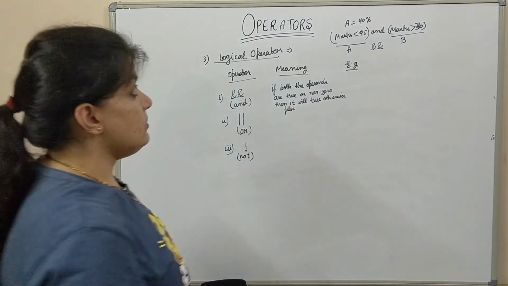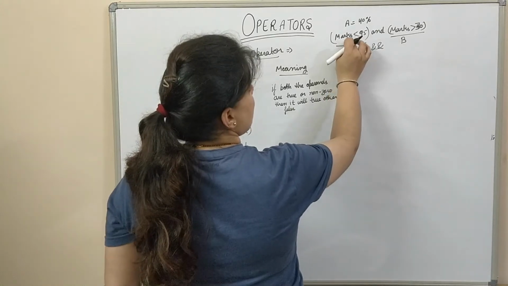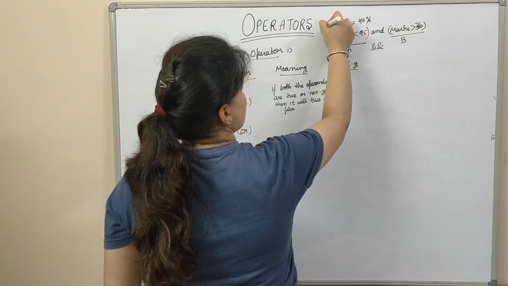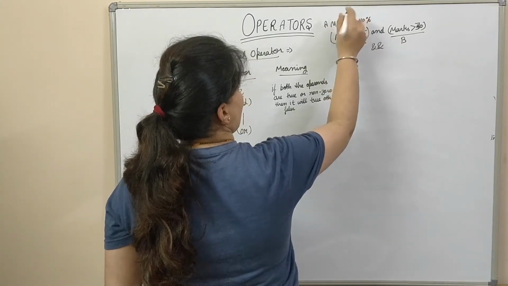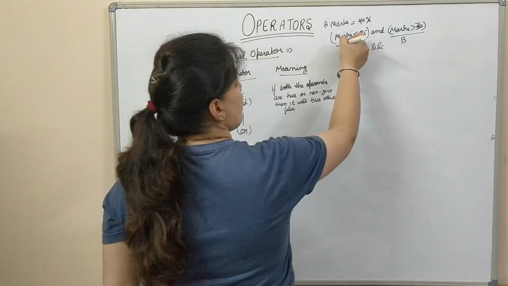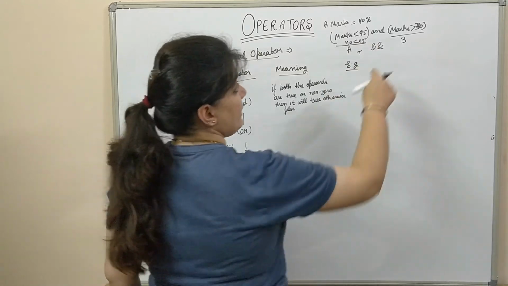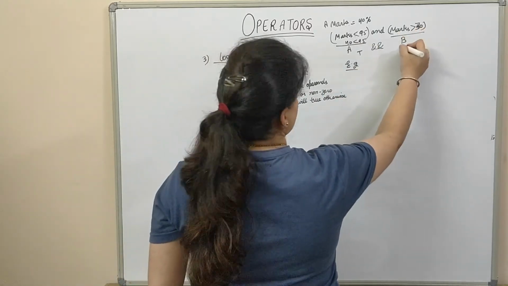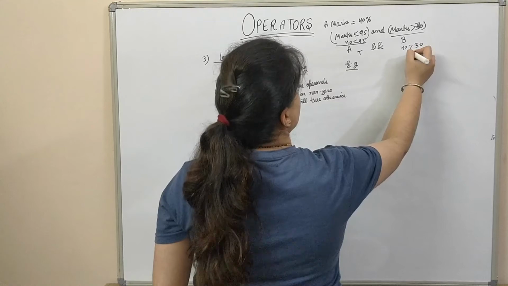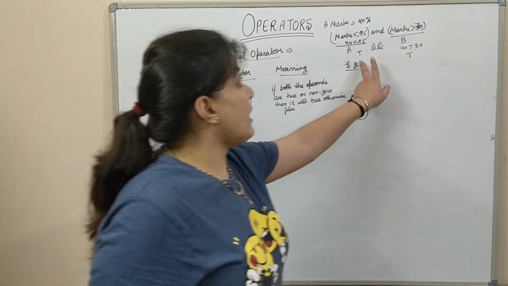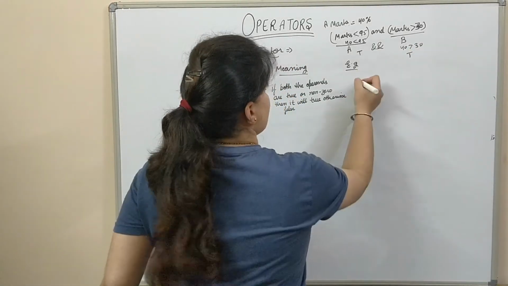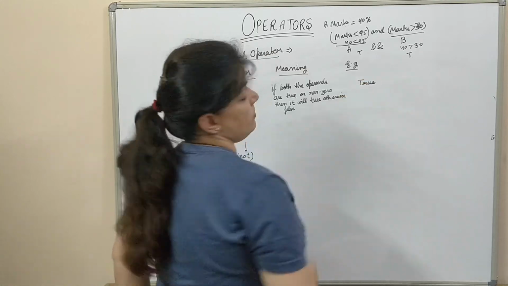Okay, so here, what are A's marks? A got 40%. So 40 is less than 95? Yes, true. And 40 is greater than 35 or 30? Yes, true. So both answers are true, so the output will be true.